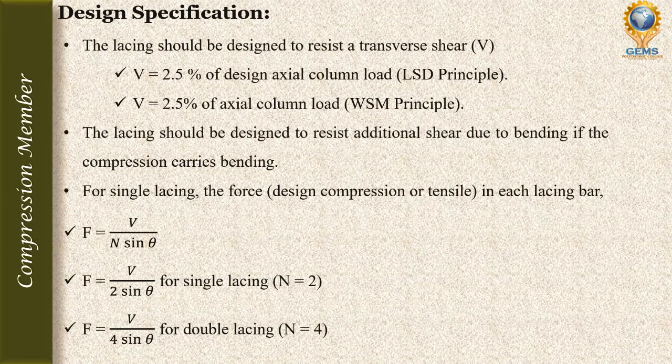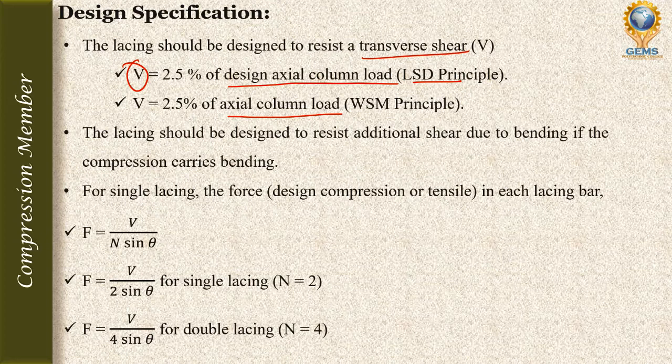After the minimum thickness and minimum width, now we have to calculate the transverse shear force. So how can we find the shear force? This shear force is designed to resist the transverse shear. V is calculated as 2.5% of the design axial load of the column as per limit state design principle, and the same 2.5% of the axial load in the working stress method.